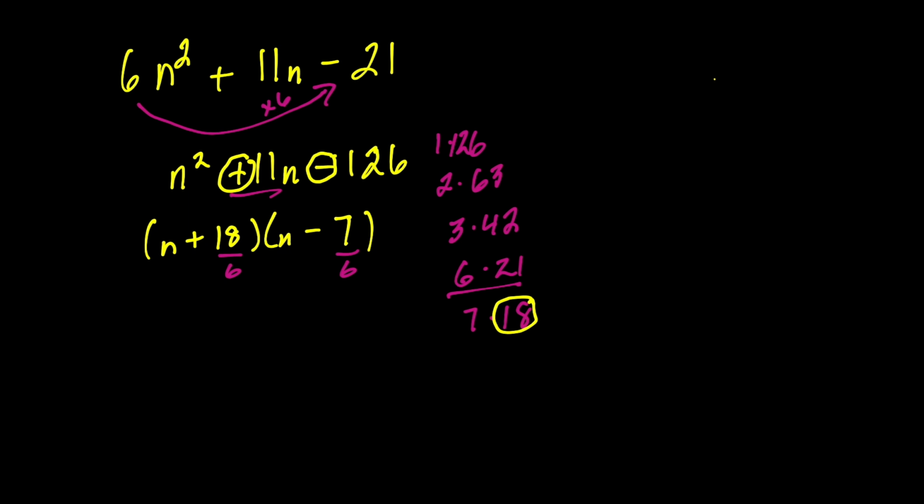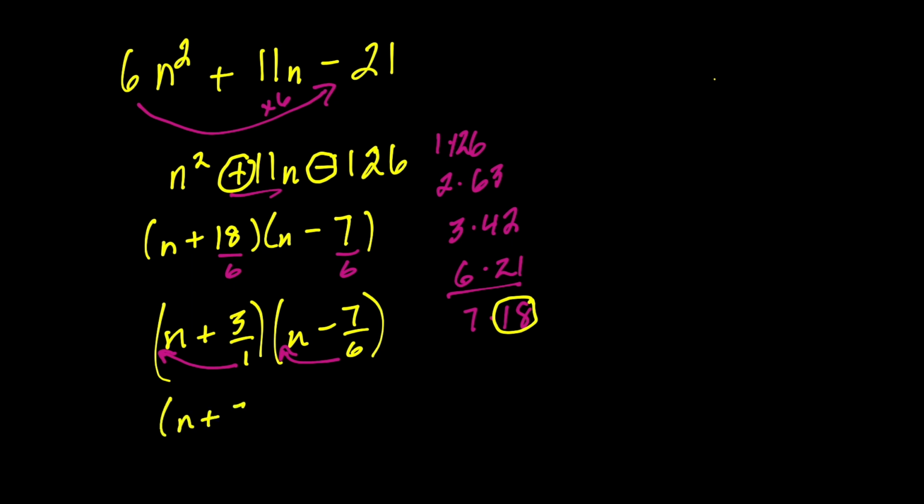All right, and when possible, let's make this into a reduced fraction. All right, 7/6 is already reduced. So now remember, we move this back out in front of the leading term. So we just have n plus 3 times 6n minus 7.